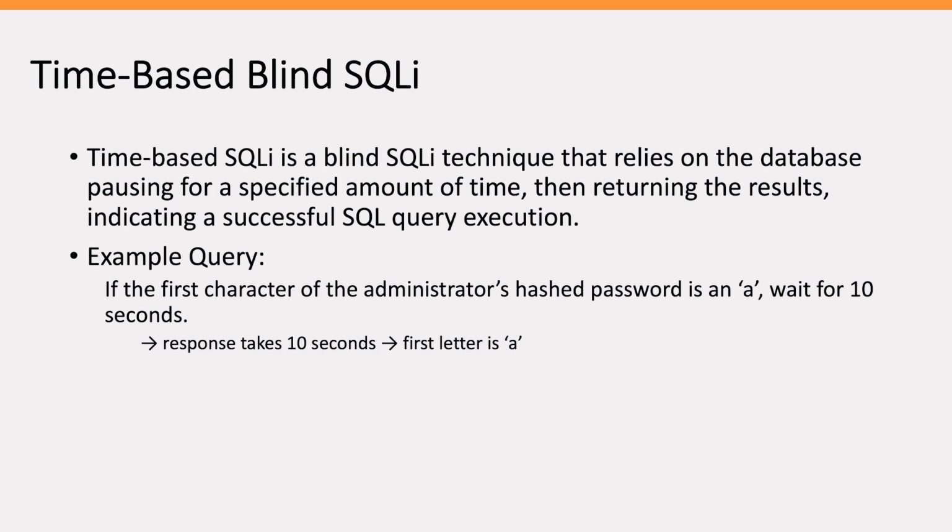And if the response takes 10 seconds to come back, then the first letter is A. If it doesn't take 10 seconds, then the first letter is not A. And again, this can't be done manually. You're going to have to script it, and you can do that in Python where you measure the response time. And then depending on what the response time is, you determine whether it's true or false.